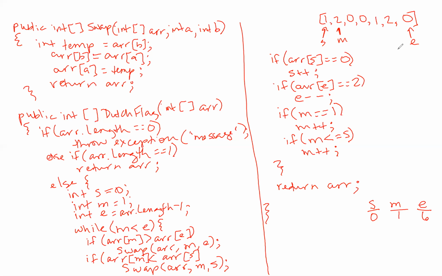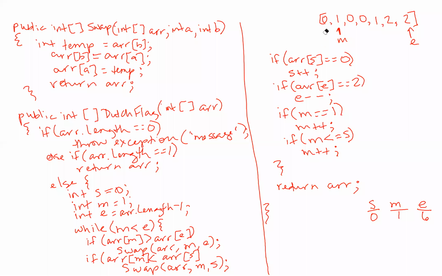Now 2 is here and 0 is here. Then if array at M is less than array at S, which it is, we're going to do the swap again. This is now 0, and this is now 1. If array at S equals 0, we need to do an S++.